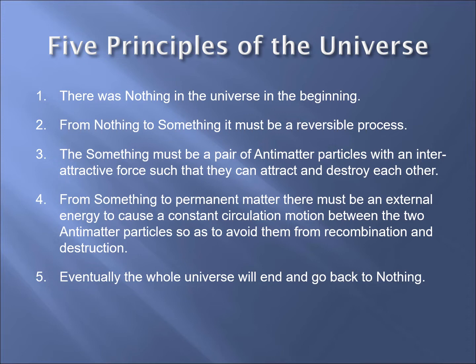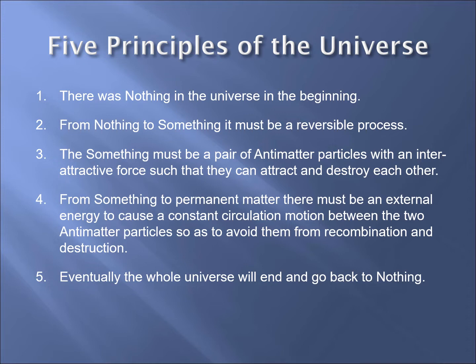Fourth principle, from something to permanent matter, there must be an external energy to cause a constant circulation motion between the two antimatter particles so as to avoid them from recombination and destruction.